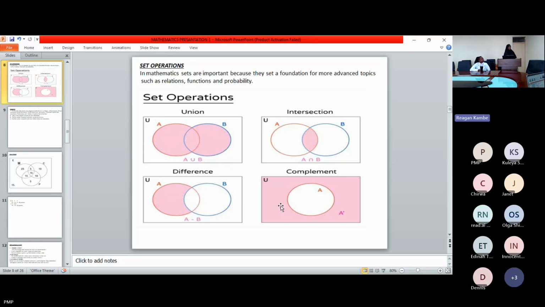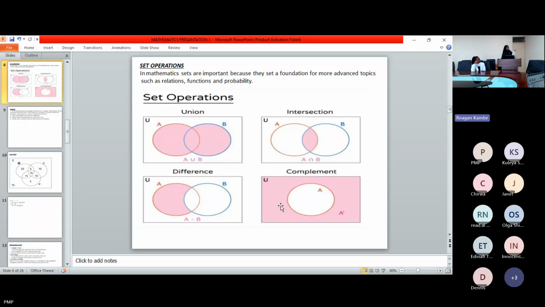In the first one, the union, we got an example that says A and B, A union B. So it simply says that everything in A and B, you add them together, it becomes a union. The second one is the intersection.